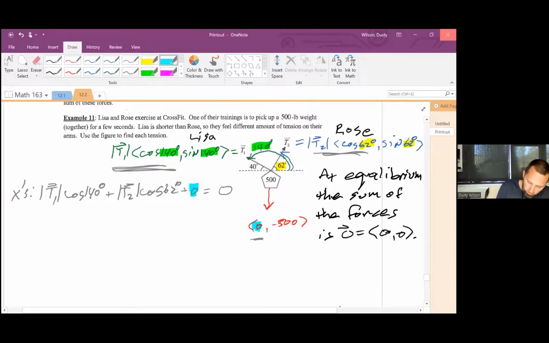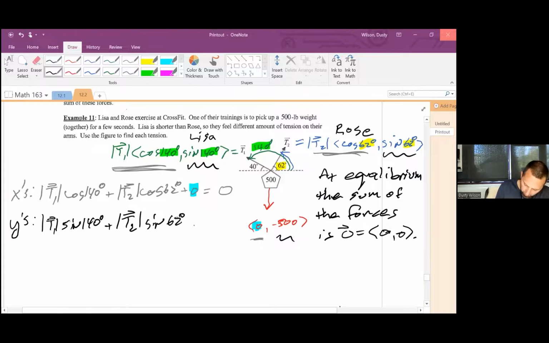Okay. And then if we look at the y components, the sum of the y components must be 0. So these are the y's. If you look at the sum of the y's, you'll get that the magnitude of T1 times the sine of 140 plus the magnitude of T2 times the sine of 62 degrees plus negative 500 equals 0.